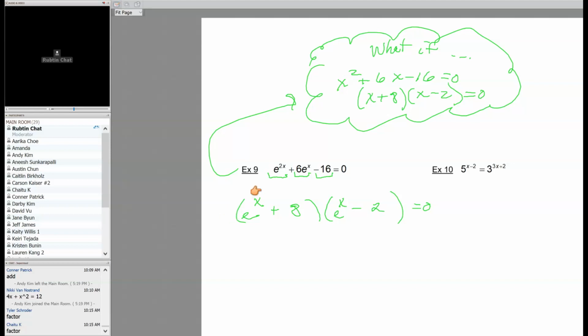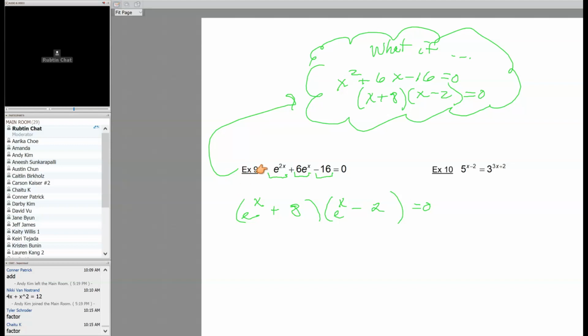So e to the x times another e to the x is going to give you e to the 2x. Negative 2 times e to the x plus 8 times e to the x, negative 2 plus 8 is really 6. And then the 16 got broken into 8 and 2. So it's analogous to this.